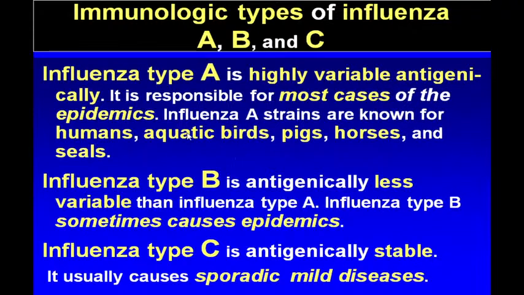So by passing through different hosts, the virus, for example, may be passed from aquatic birds to poultry and back to aquatic birds and then to seals and then back. When the virus changes the host, it mutates first.